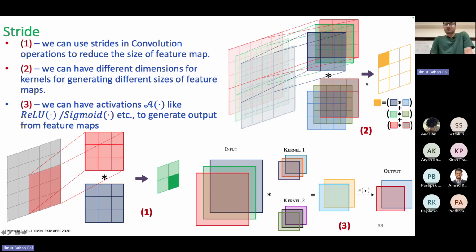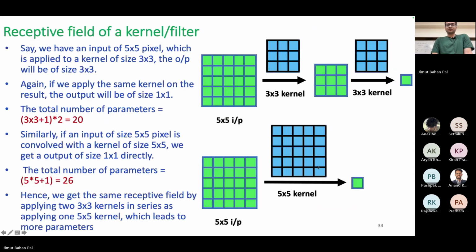We are getting a single channel feature map as output because each block of the kernel will be convolved with each input channel, and it will produce a single feature map as output. It's like a basic dot product. And we can also have different kinds of activation functions on the feature map.